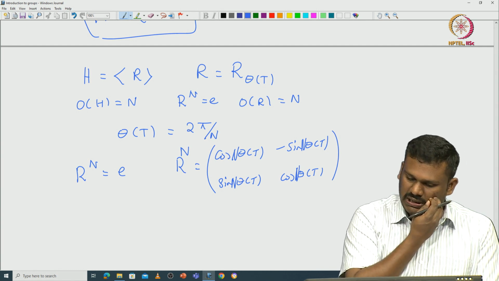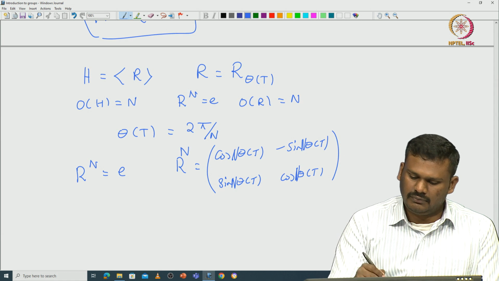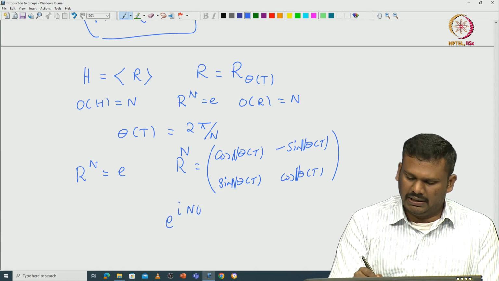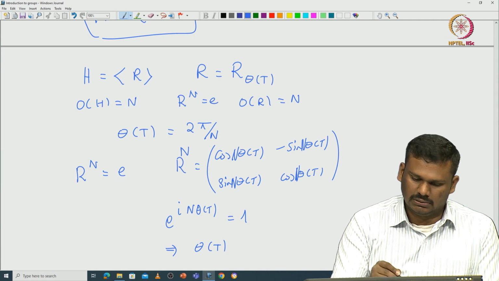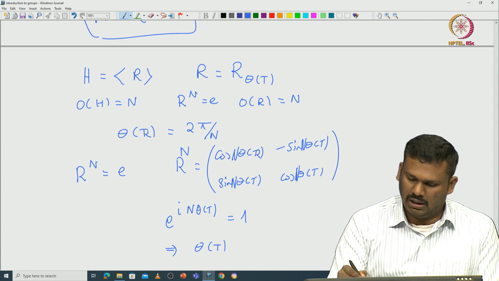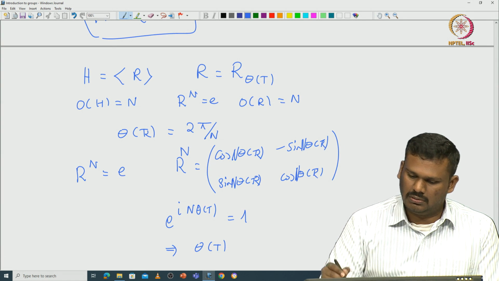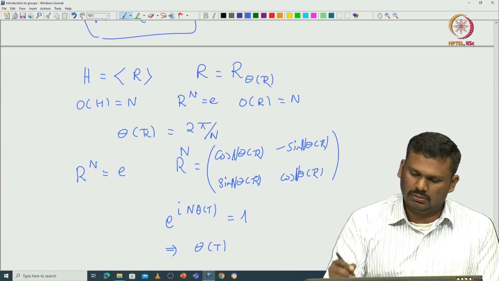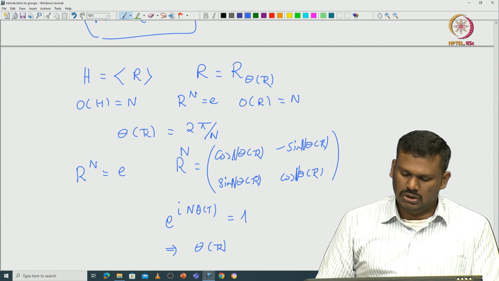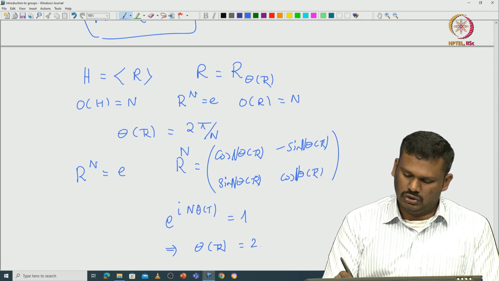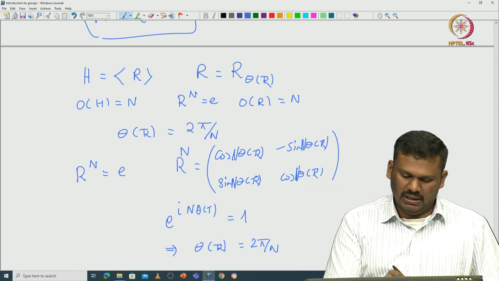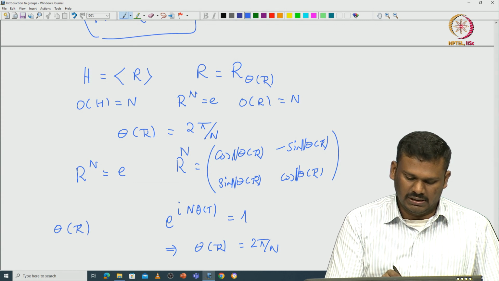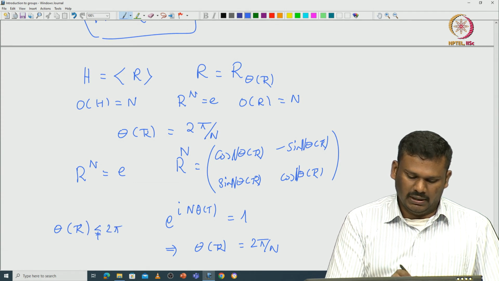Okay. So then you can see that you need to have e power i n times theta of r equal to 1. So theta of r should be just 2 pi by n, because theta of r lies between 0 and 2 pi.